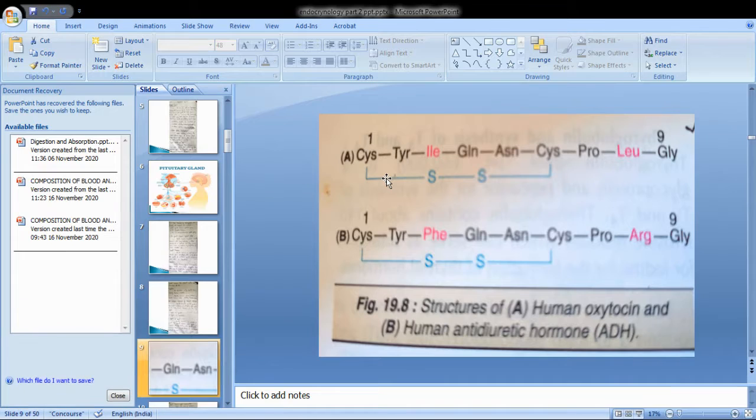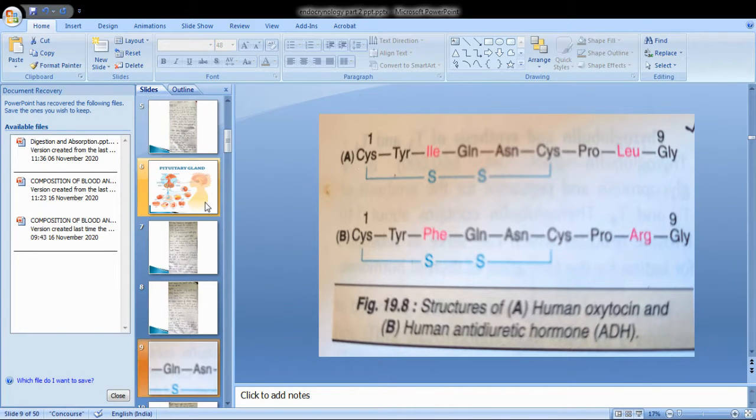It contains two disulfide bridges present between cysteine residues, that means between amino acids 53 and 161, and between amino acids 52 and 181.